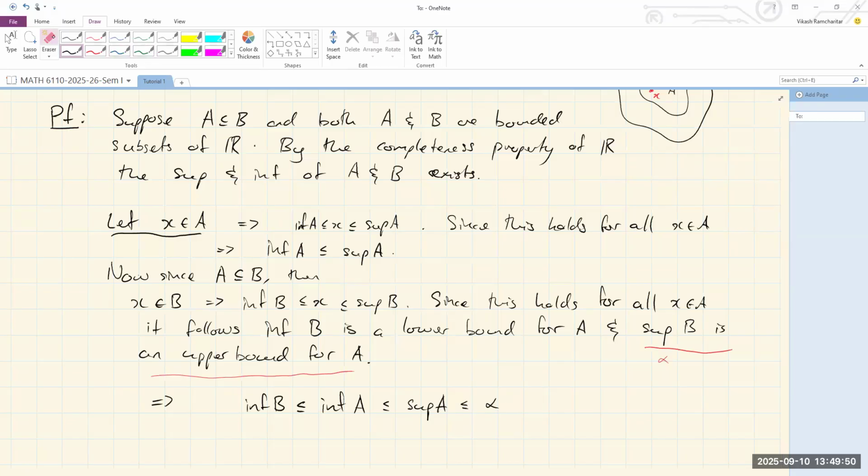But what was alpha? Alpha was the supremum of B. So this chain of inequalities just follows from applying the definition of the supremums and the infimums. So that's what we wanted.